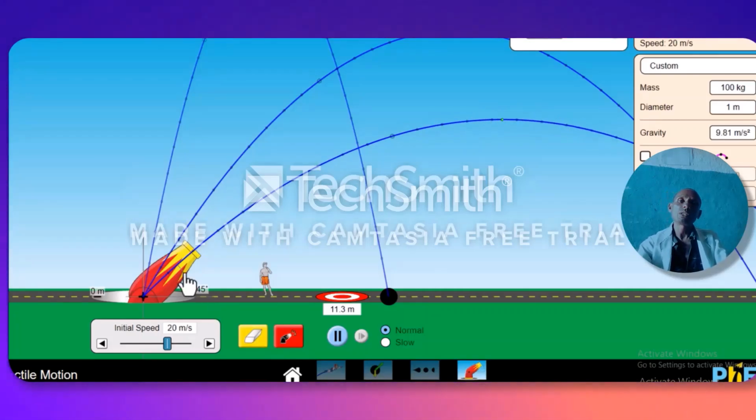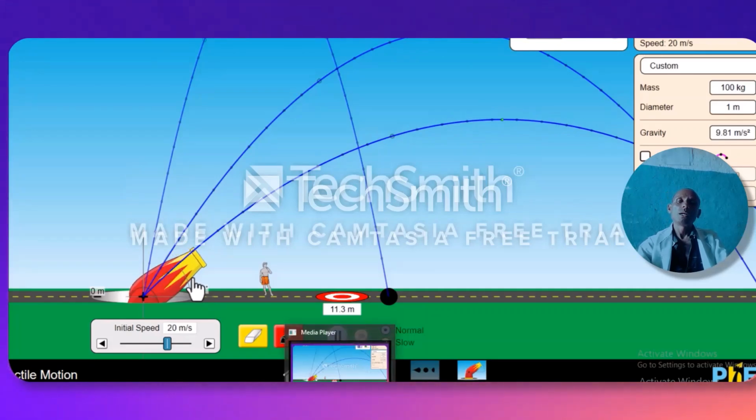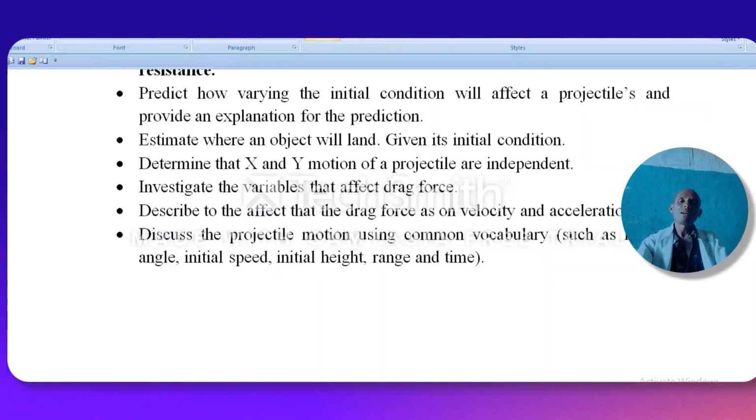I hope you now have an idea of the impacts of air resistance and the angle of projection on the trajectory of projectile motion.